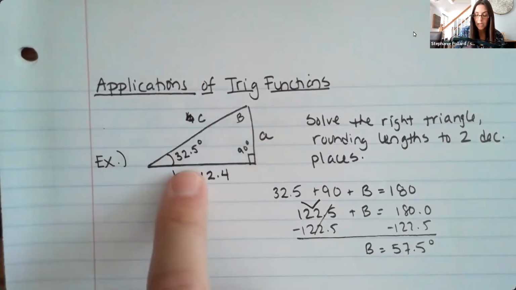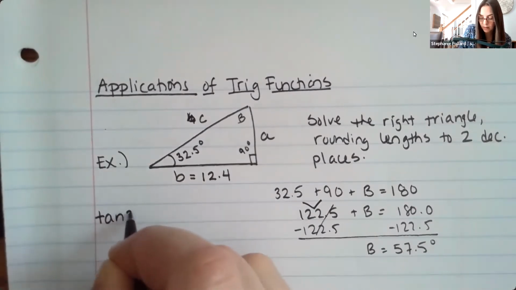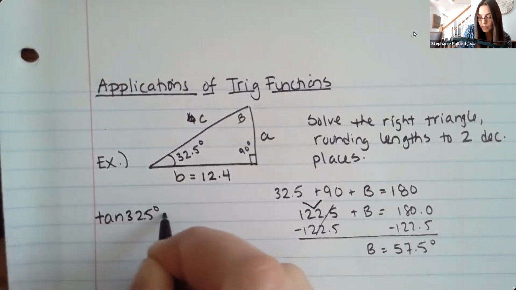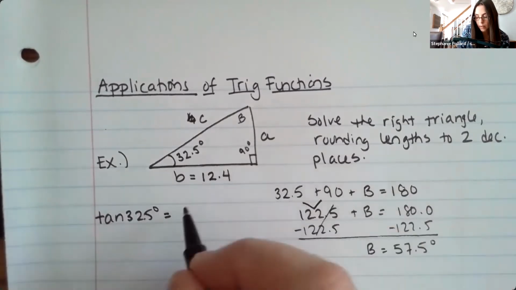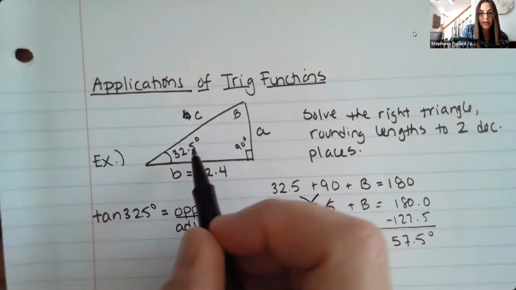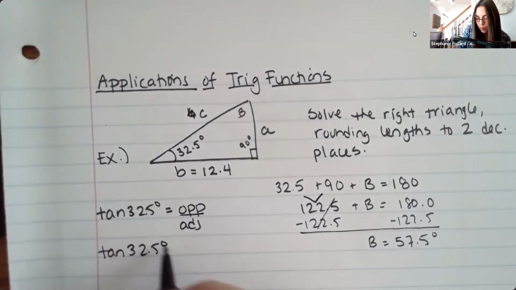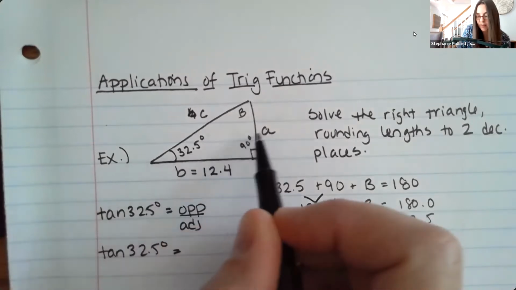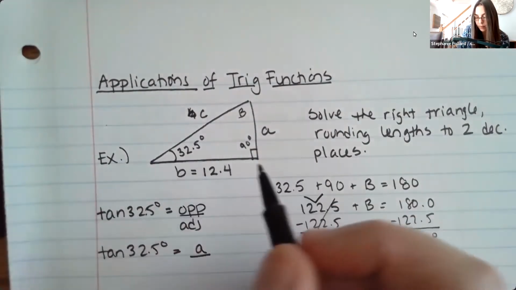I remember that tangent is always opposite over adjacent. So if I start with this base angle of 32.5 degrees that I was given, the opposite of that would be the A length, and the adjacent would be the B length.